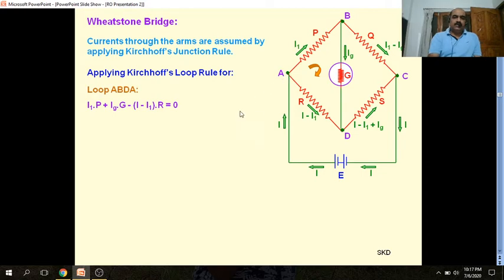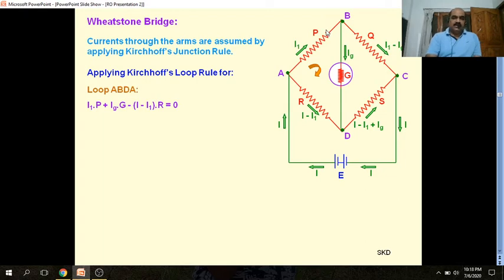According to the loop rule, as we know, the sum of potential differences across a closed loop is 0. There is no source of EMF here, so the potential difference across the resistors is the product of current and resistance.